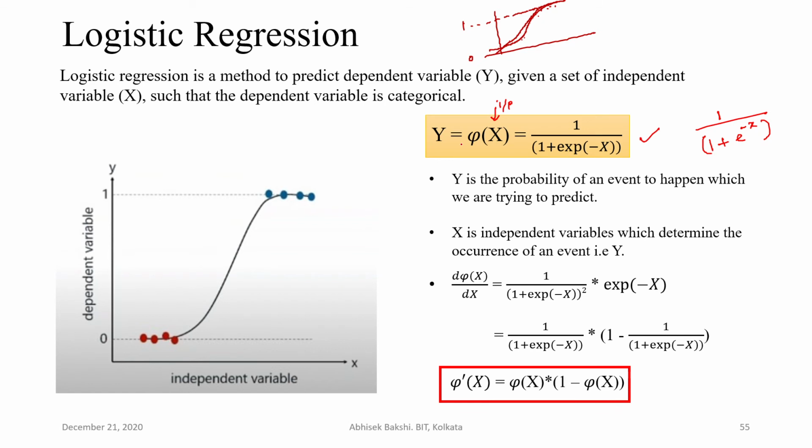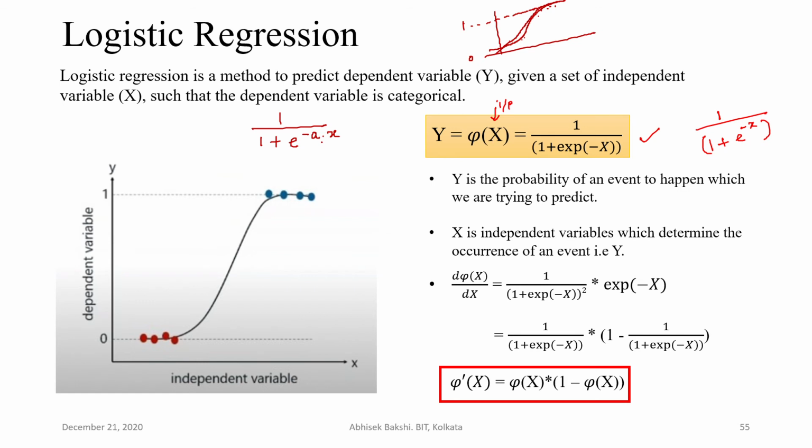Where is the free parameter? This particular sigmoid function can be written in a more generalized way, like 1 over 1 plus e to the power minus a into x.